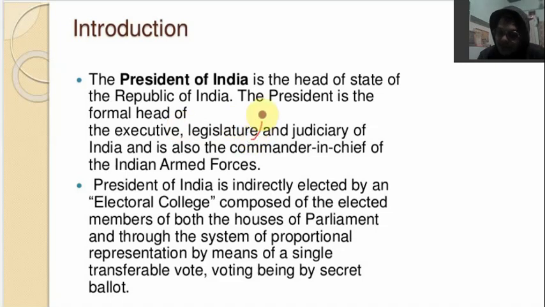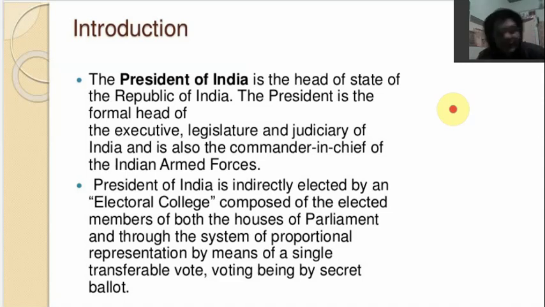In the legislature, unless the president signs a bill, it does not become an act. And in the judiciary, even though the president is not part of it, he has the clemency power, the pardoning power, so he has judicial powers too. Also, war and peace is declared in the name of the president, because the president is the commander-in-chief of the Indian Armed Forces.